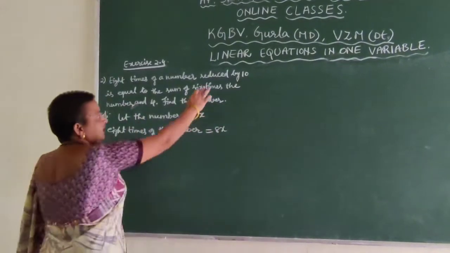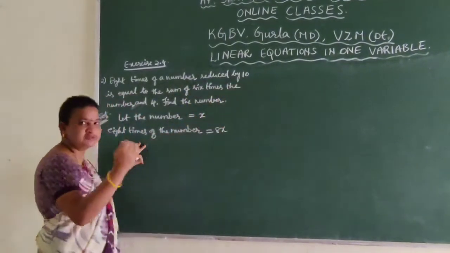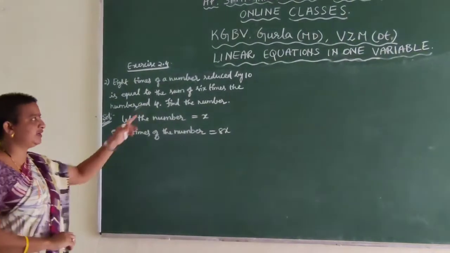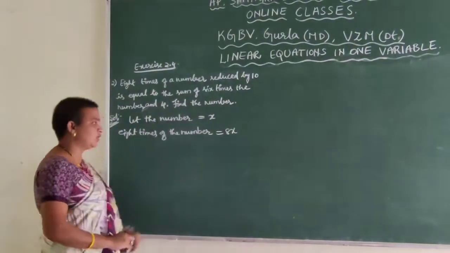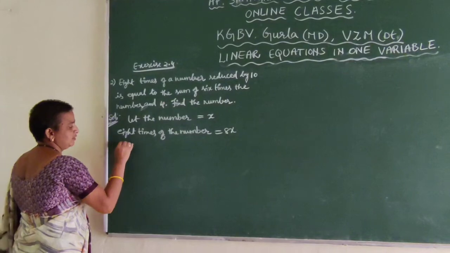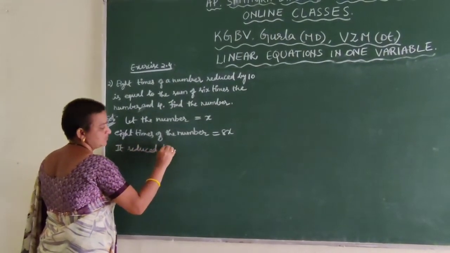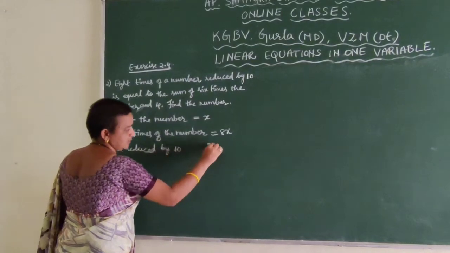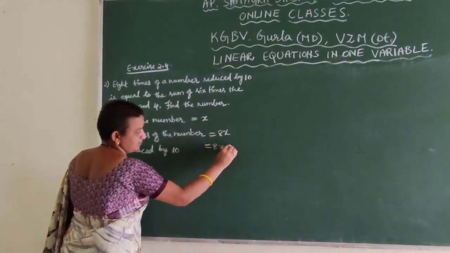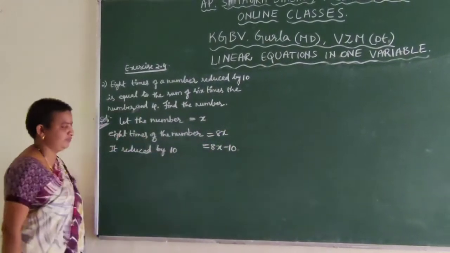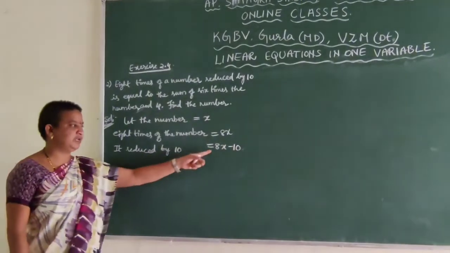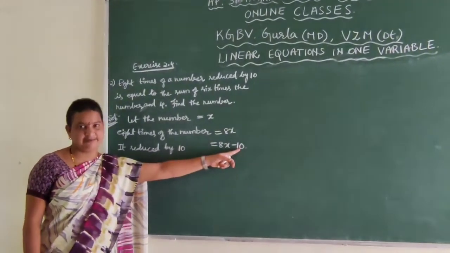Okay. It reduced by 10. Reduced means decreasing. It reduced by 10 is equals to 8x minus 10. It reduced by 10 means 8x minus 10.